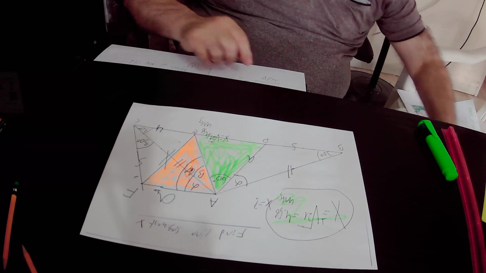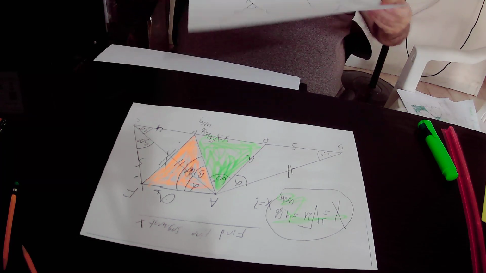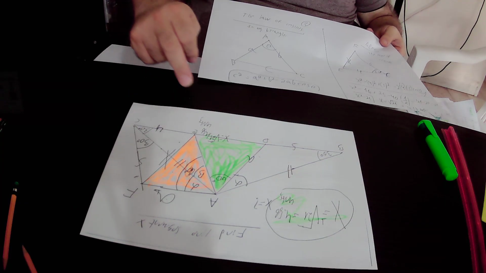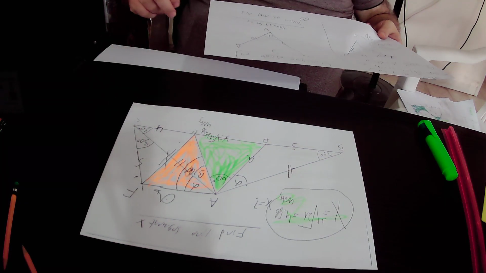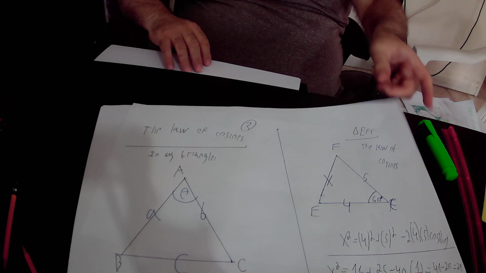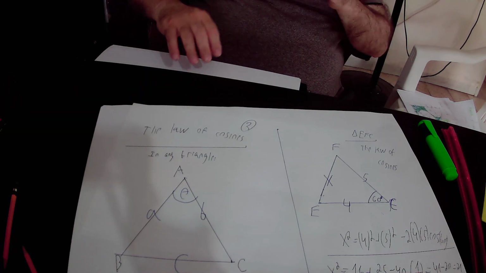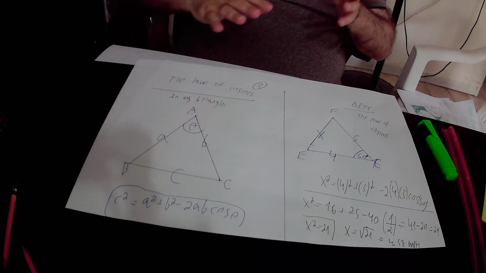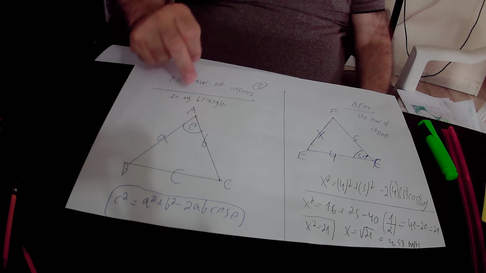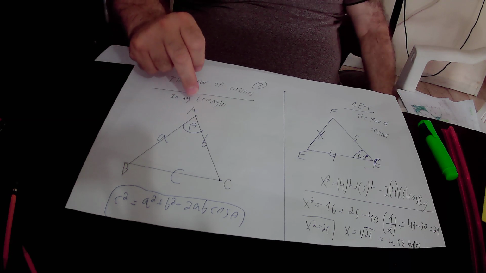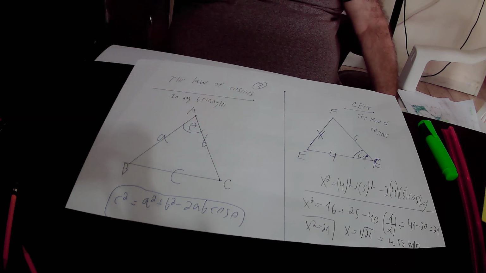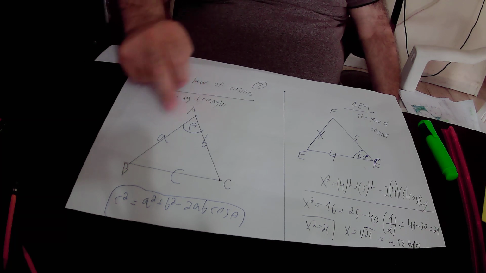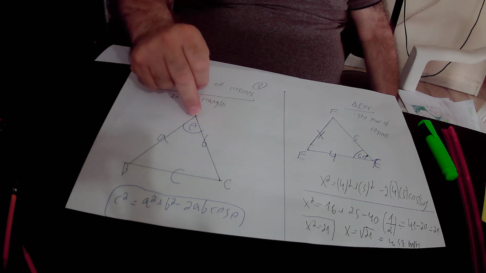In the next step, I presented to you the law of cosines, and we implemented the law of cosines in triangle EFC. So what is the law of cosines? The law of cosines is true in any triangle. So if we have this triangle ABC, that could be any triangle, and we know that side AB equals A units in its length, side AC equals B units in its length, and side BC equals C units in its length, and the angle between side AB and side AC is theta.